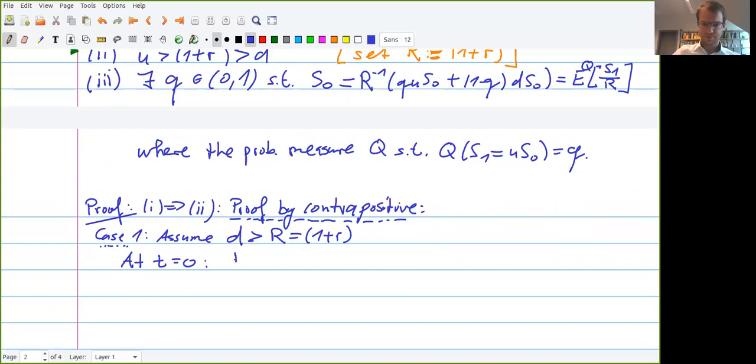Well, we borrow, right? I mean, with this assumption, we know that the evolution of the risky asset is always better than the evolution in the risk-free asset. So what we do is we go to the bank, we borrow S0 so that we can afford to buy a risky asset.